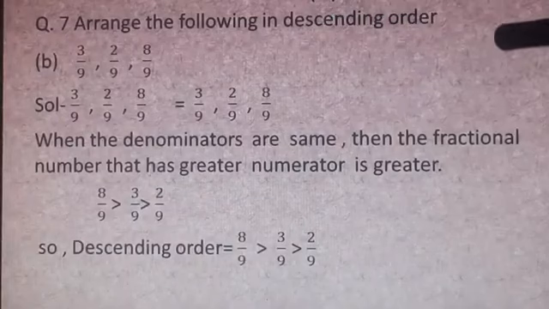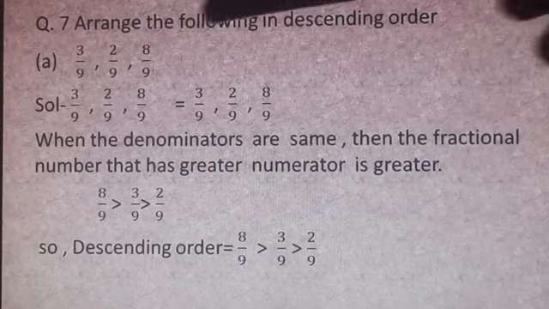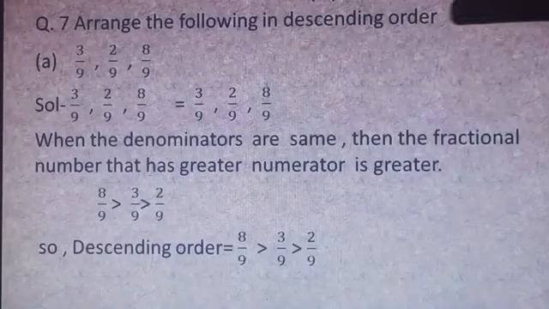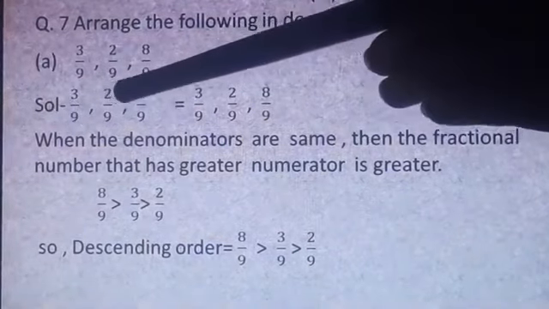Next is question number 7. Arrange the following in descending order: 3 upon 9, 2 upon 9, 8 upon 9. Descending, घटते क्रम में लिखना, bigger to smaller. See, the denominators are the same. These are like fractions.